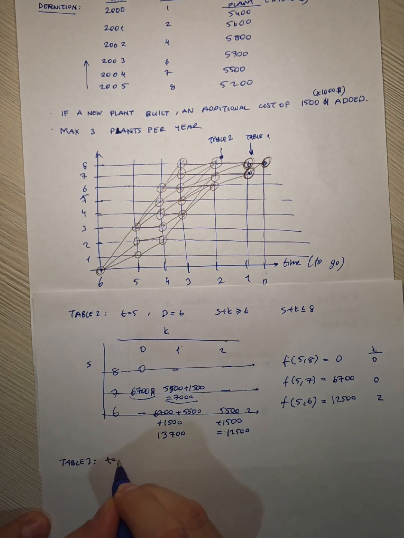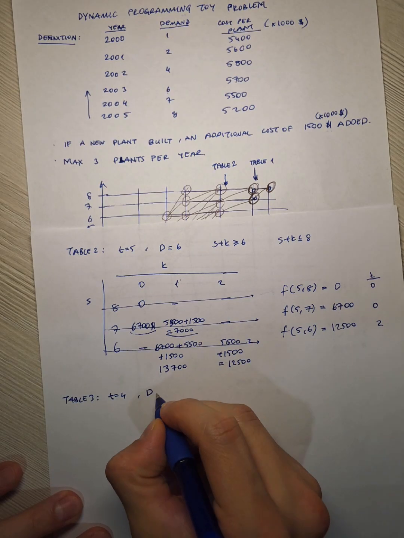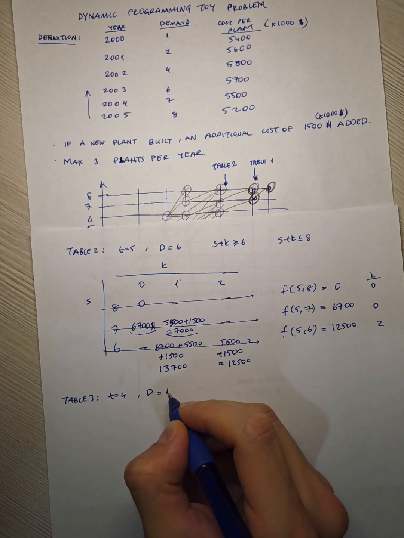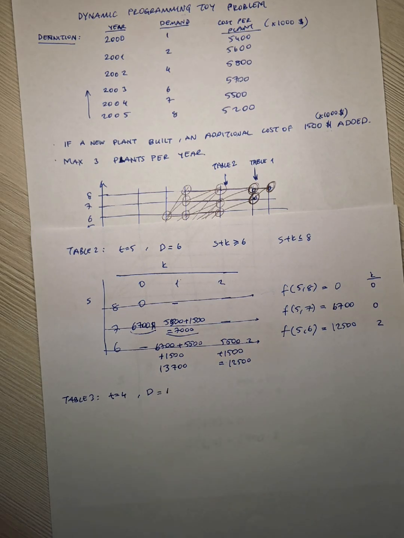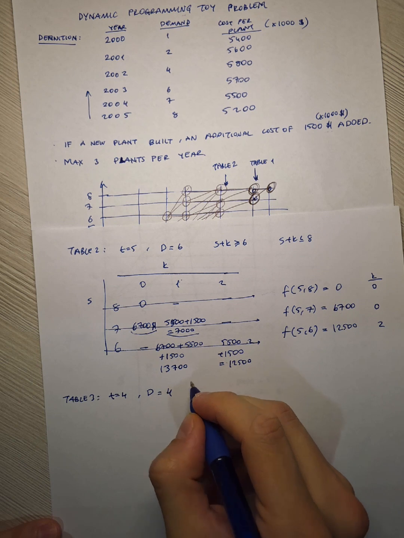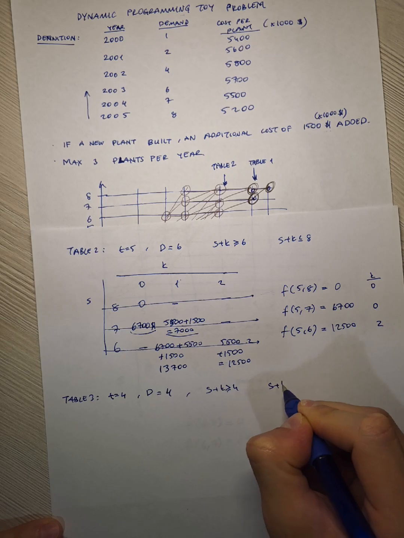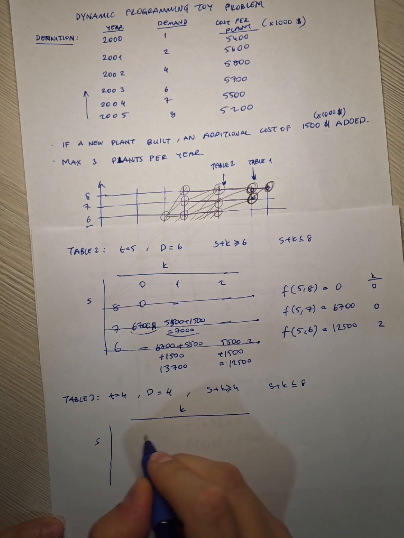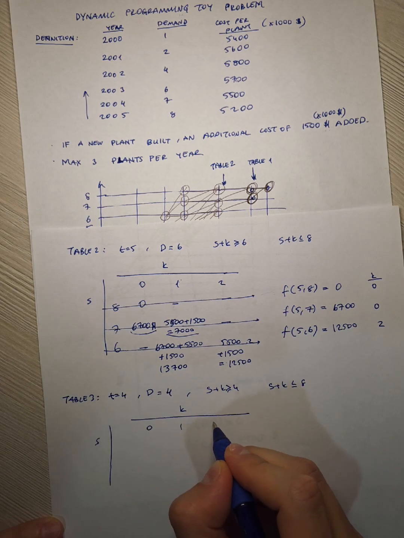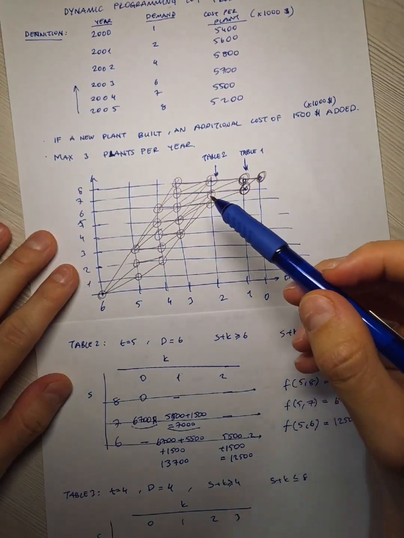Okay, table 3, time step 4. So the demand, let's check the table again. The demand is 4 this time. Let's write the constraints: s plus k smaller than 8. We can build 0, 1, 2, 3. Let's look at the graph if it is correct.